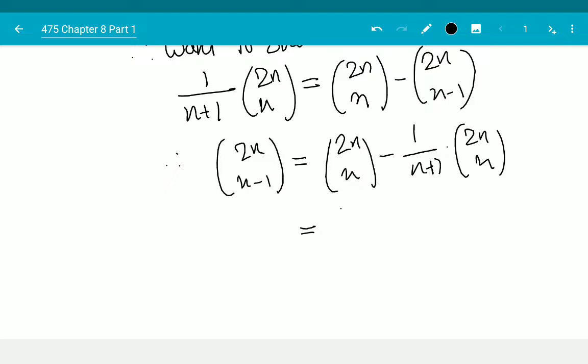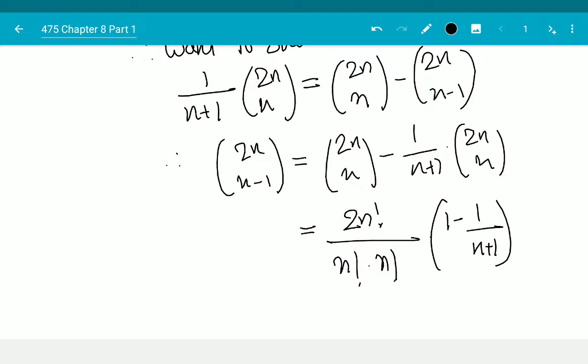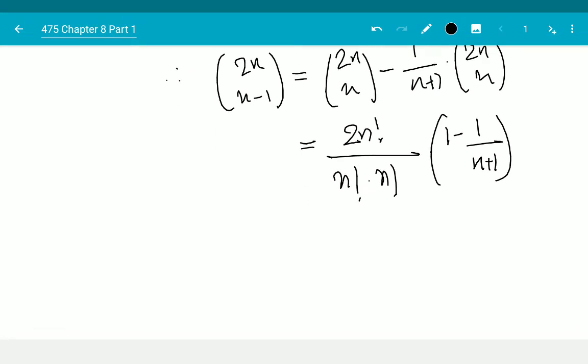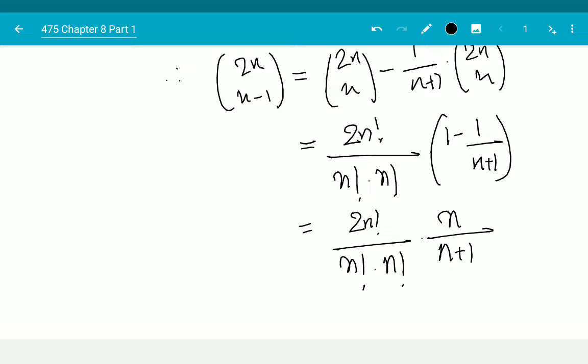Is equal to, well, pulling out 2n choose n, I get 2n factorial over n factorial times n factorial times 1 minus 1 over n plus 1, which is equal to 2n factorial over n factorial times n factorial times n over n plus 1.